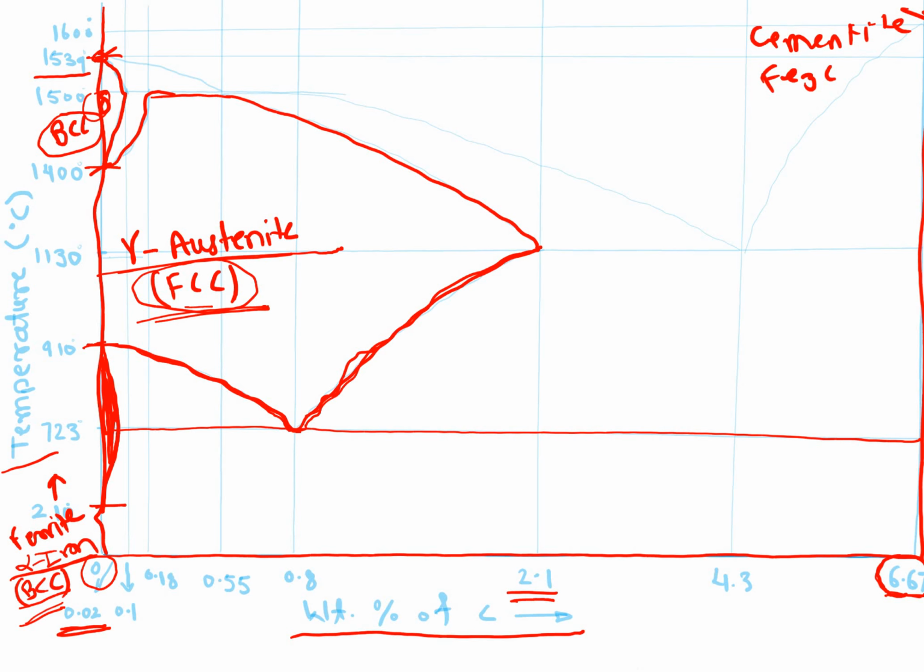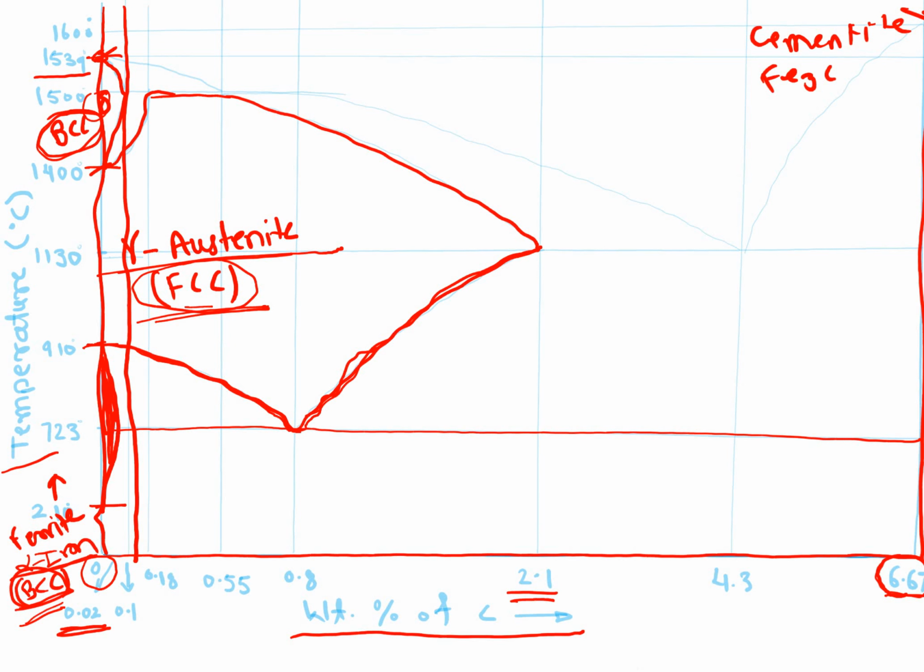Here you can see the maximum percentage of carbon is increased, though it has the same BCC crystal structure as alpha ferrite. This is because at high temperature carbon solubility increases.